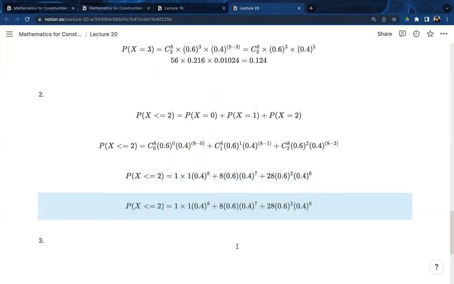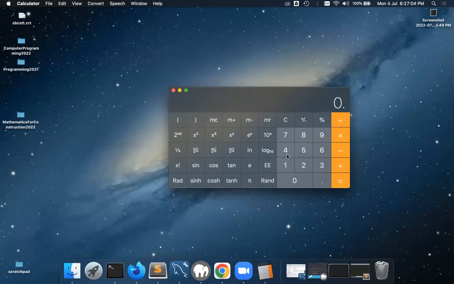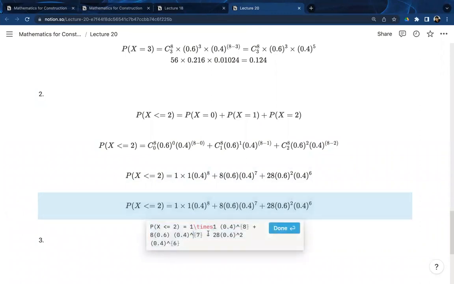Continuing to simplify this. So 0.4 to the power 8. This is a really small number here, but that is essentially what this is.